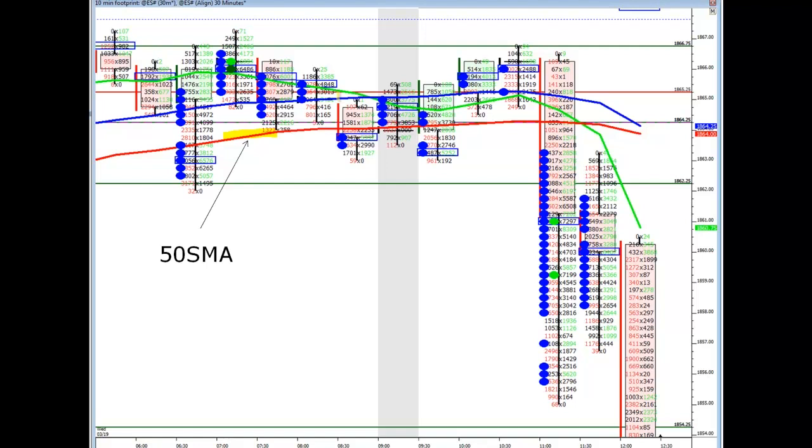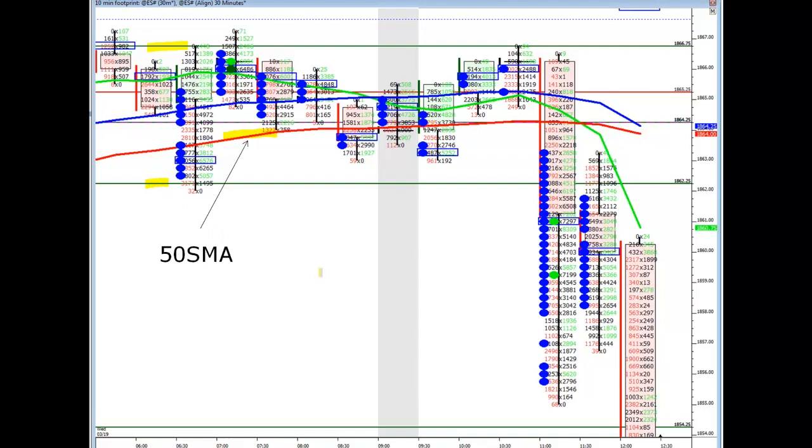Now that we've dropped down to the 30-minute chart, we can also see the 50 simple moving average. So at least recognize that that's what that red line is. Now, we were looking at the evening session, and this was the value area high for the evening session, and this is the value area low for the evening session.